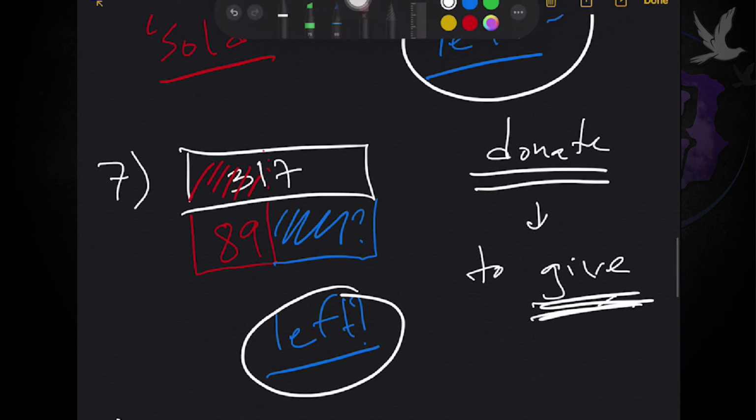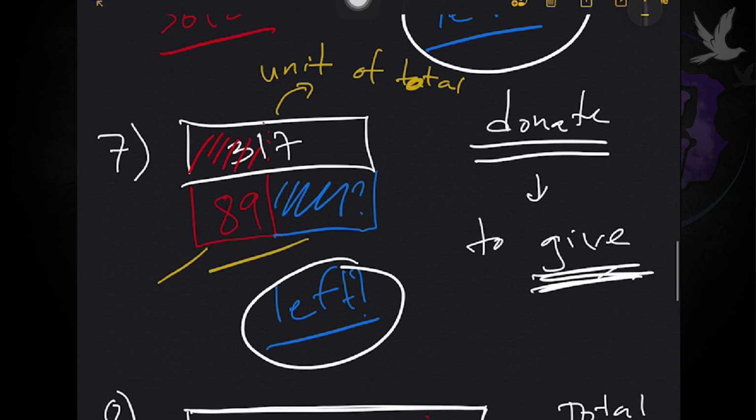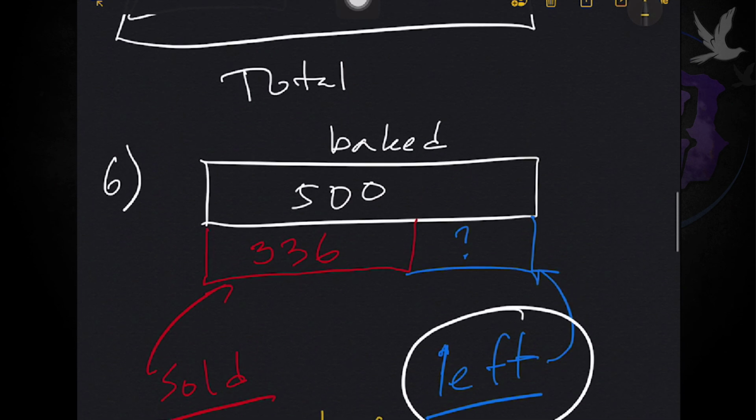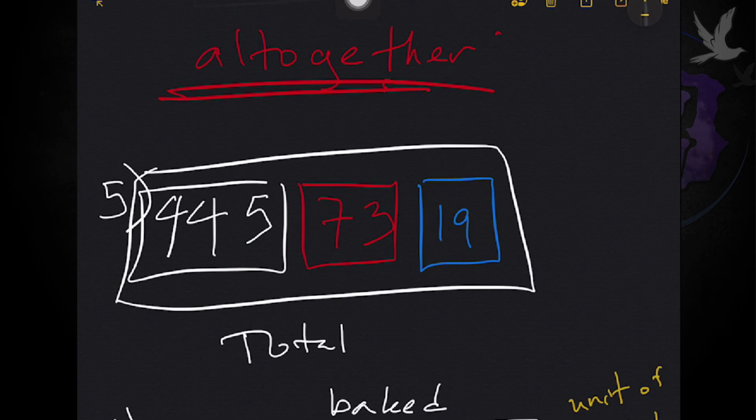Just like this one, we have a unit for the total, and we have units of parts. Again, unit of total, then we have parts within it. Compared to the other ones, parts are given to form a total.